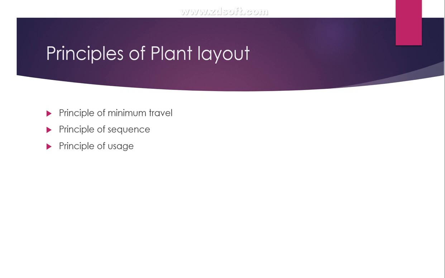The principle should receive top consideration in towns and cities where the land is costly. Nowadays we see the costs of land are quite expensive. So whatever space is available needs to be utilized efficiently in order to achieve high production or productivity.